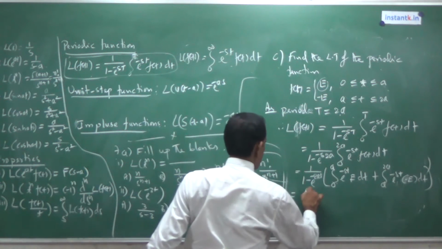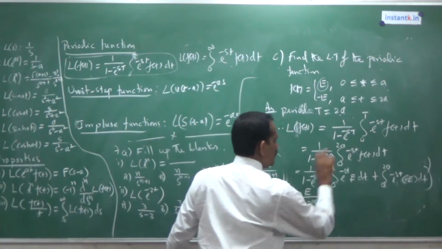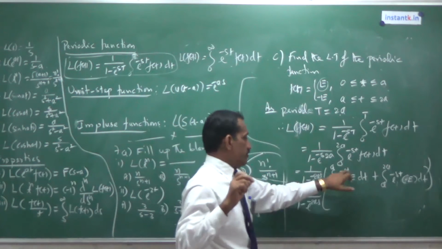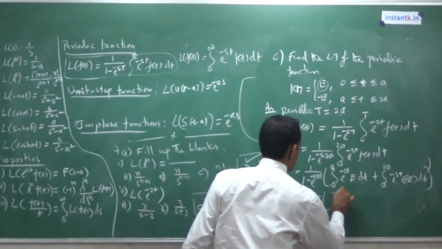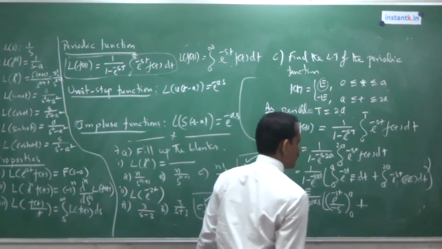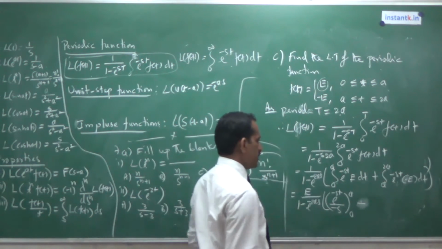So that is E by 1 minus e power minus 2as. E is taken outside. Now what do I need? The integral of e power minus st with respect to t. It is e power minus st by minus s from 0 to a. Next, the minus sign is there, so take it outside.